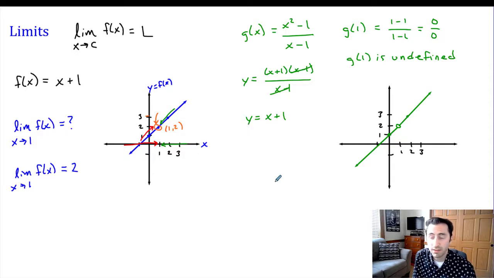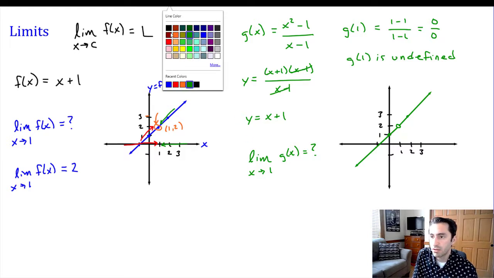And now let's ask the same limit question. So for this, let's ask, what is the limit as x approaches 1 of g of x? And what is this equal to? So again, we're looking for some value. What are our y values getting close to as our x values are getting closer to 1?